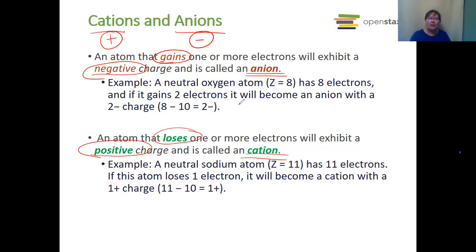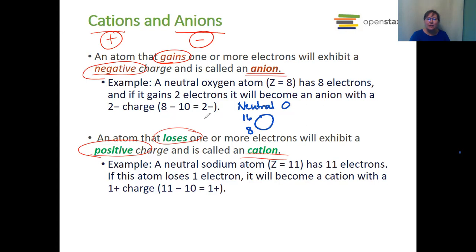So neutral oxygen will look like this. Oxygen. Let's say that we're dealing specifically with oxygen, which has 8, and we're looking at our most common isotope for oxygen, which is 16.